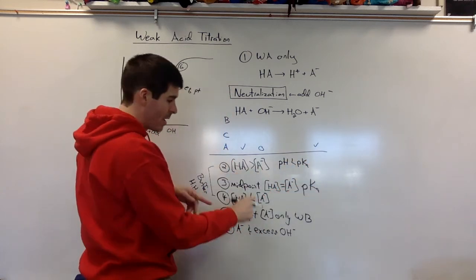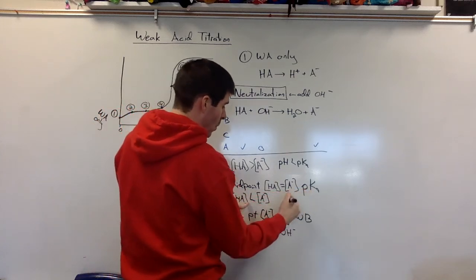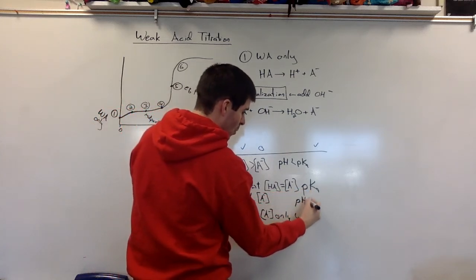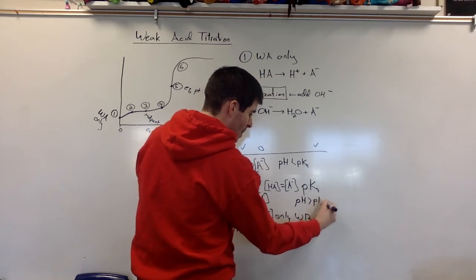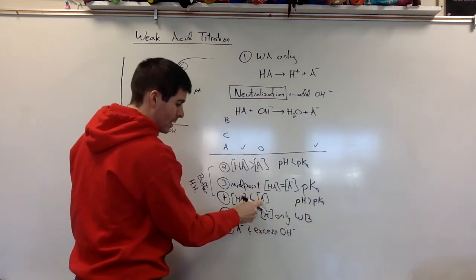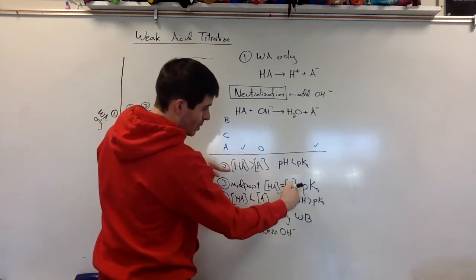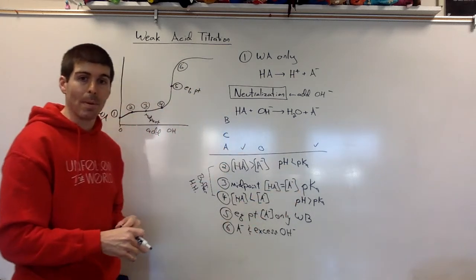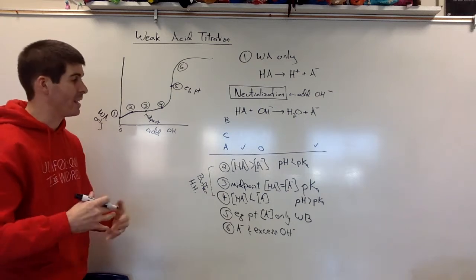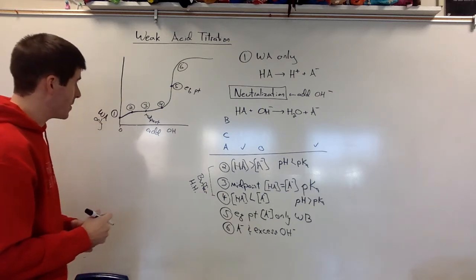And then once I get past that midpoint, my pH will be a little bigger than my pKa because now I have more conjugate base than acid. But in all of this buffer region, the pH is circling that pKa because the buffer is protecting that pH wherever the pKa is.